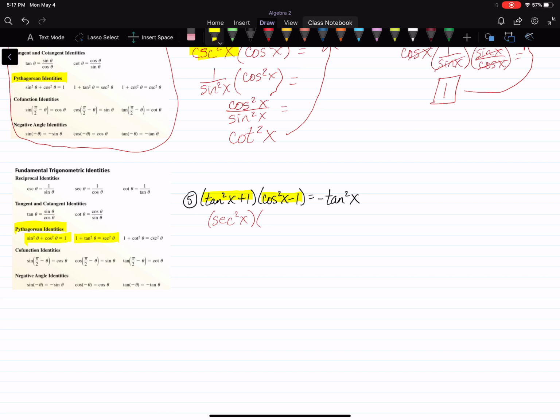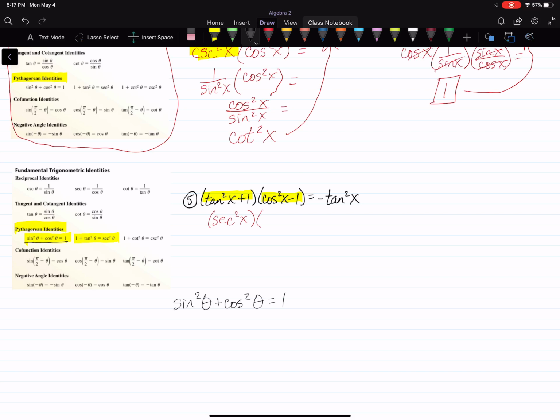Cosine squared x minus 1, well, if I move this 1 over, let me do a little side problem over here. I'm going to show you what I'm doing. I know I got the 1 and I got the cosine squared. I'm trying to use this, so I'm going to rewrite it a little bigger over here. Sine squared theta plus cosine squared theta equals 1.